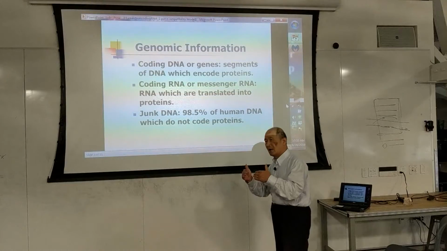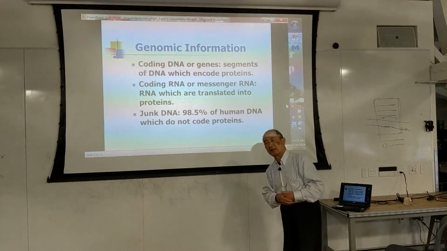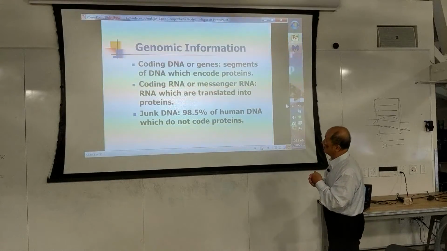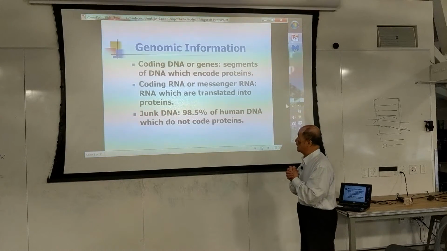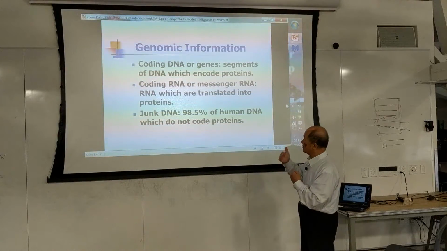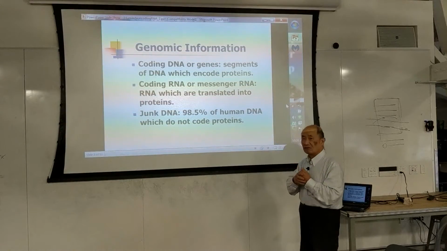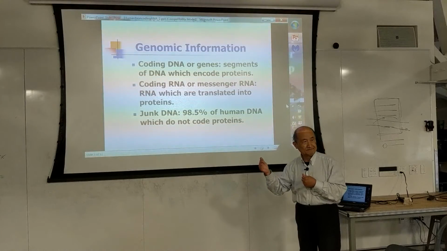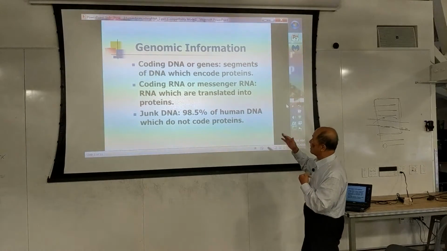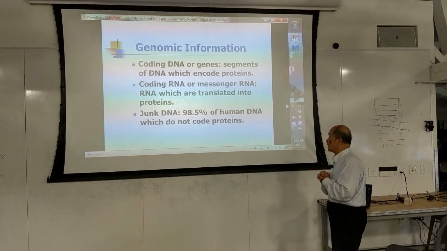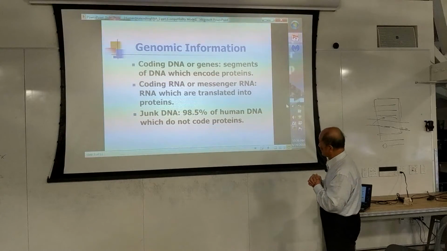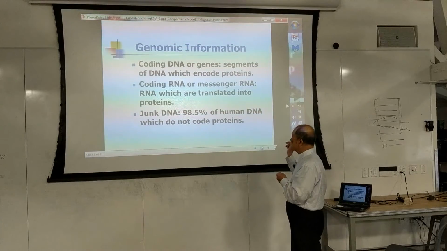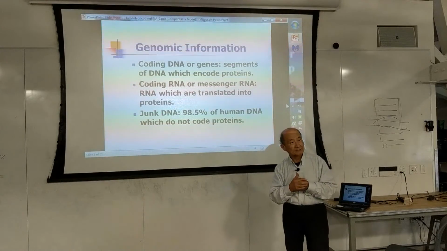An intermediate step in making the protein is to copy the information from DNA into coding RNA. And the coding RNA mostly are what we call the messenger RNAs. And these messenger RNAs are later translated into protein. So the first step from DNA to RNA is called transcription.